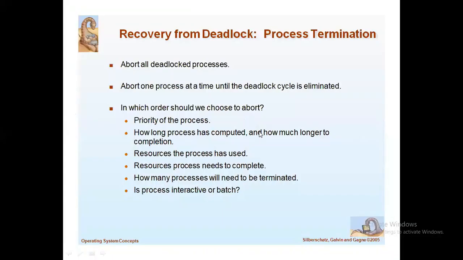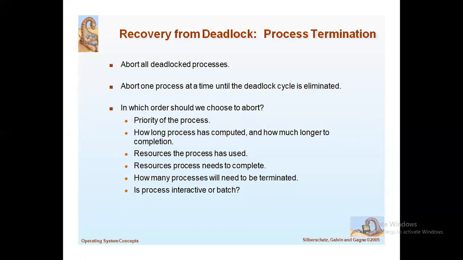So recovery from deadlock has two possibilities. Inform the operator that a deadlock has occurred, and the operator will deal with the deadlock manually. Whatever the operator knows for recovering from the deadlock, they will do manually. And the next one is to recover from the deadlock automatically.